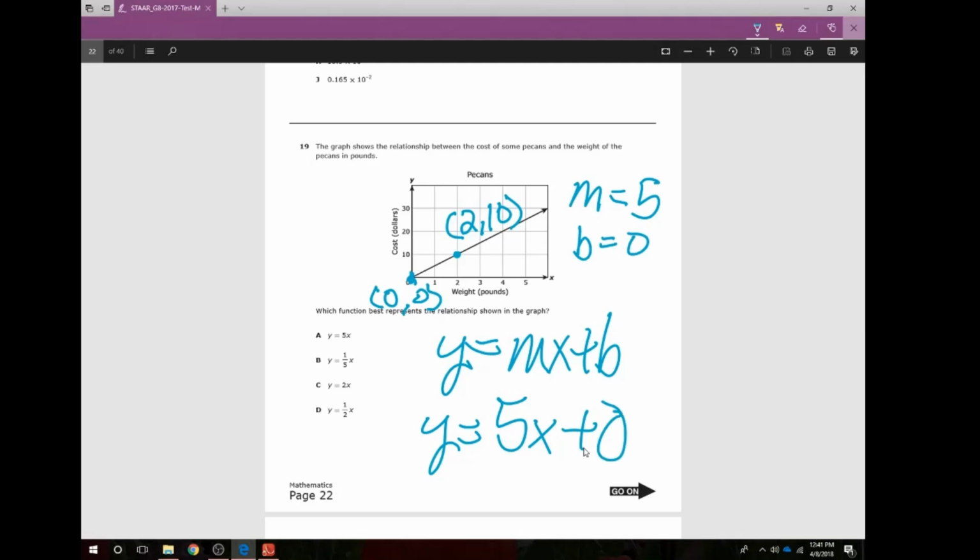And we look for whichever one is closest, and that one is A. Remember, if we add 0, we can just leave it alone, so y equals 5x plus 0 becomes y equals 5x. And so there you have it. That is how you find slope and y-intercept given your calculator for a table and a graph.